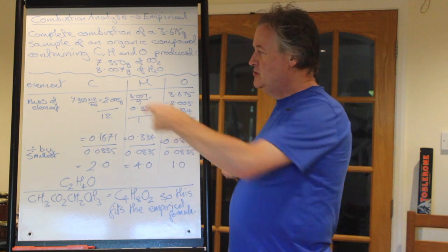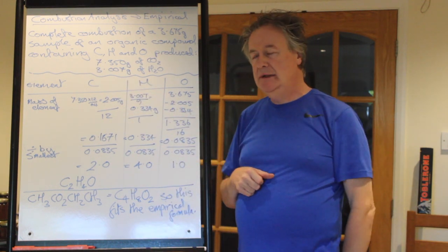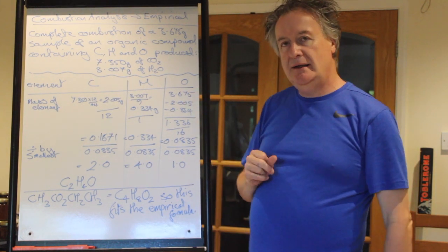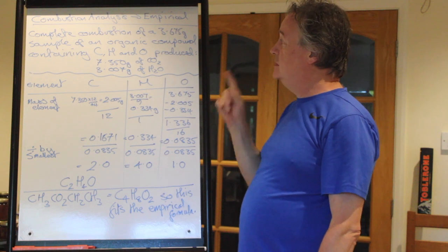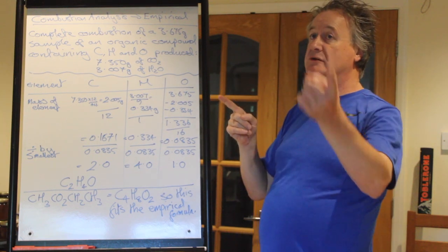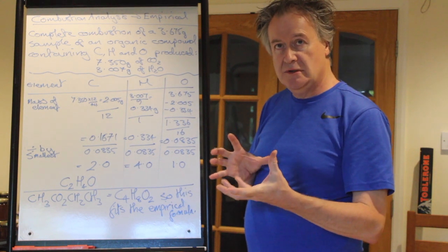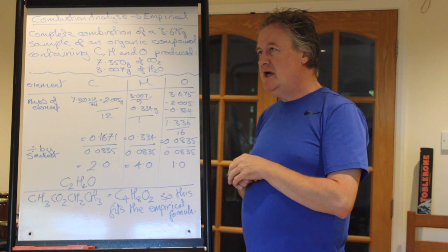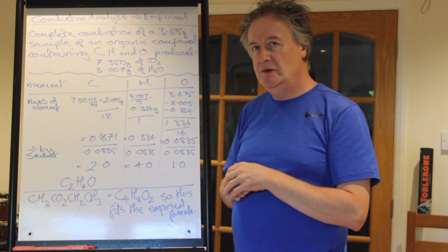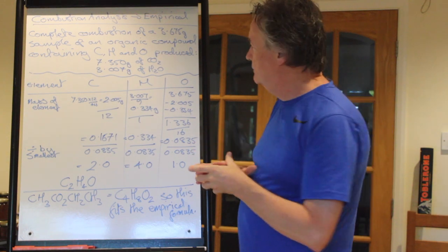Analysis process is the same for carbon and hydrogen as it was in the first example, but we have to do something a little bit different to get the oxygen, because oxygen is within the compound and then there'll be oxygen coming in from the combustion using the atmosphere of oxygen. So we need to establish how much of the mass of the compound was oxygen within the formula, the structure.